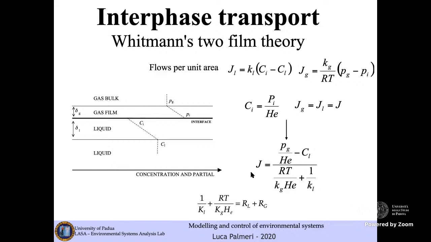So we may write that the flow of substance J is equal to a resistance that is made up of two terms, the first one and the second one, multiplied by a potential difference or a force that is pushing the flow through this interface. It is noticeable that this resistance is formally similar to a series resistor.